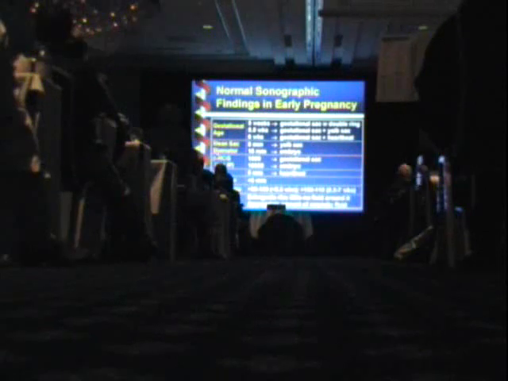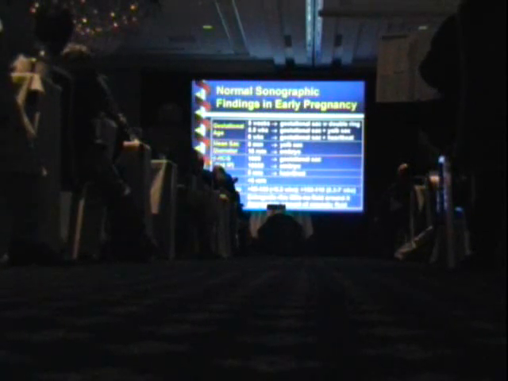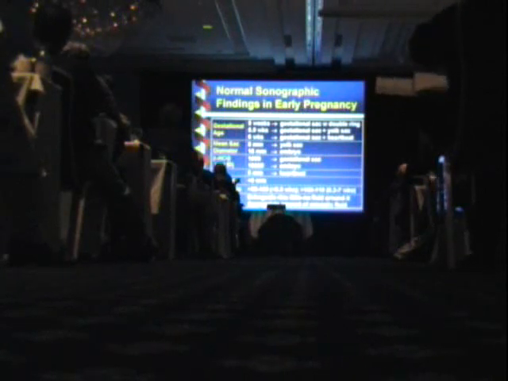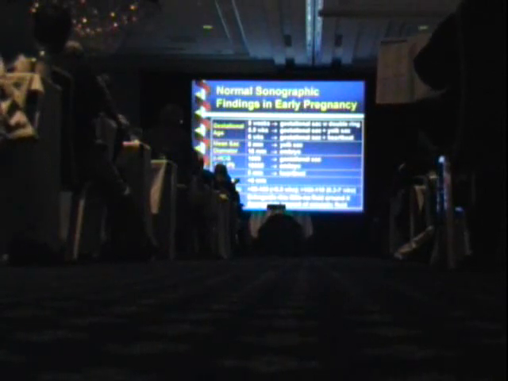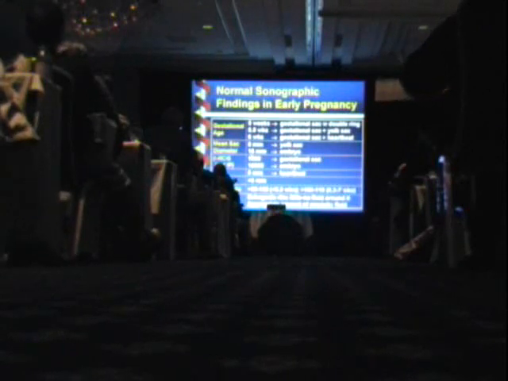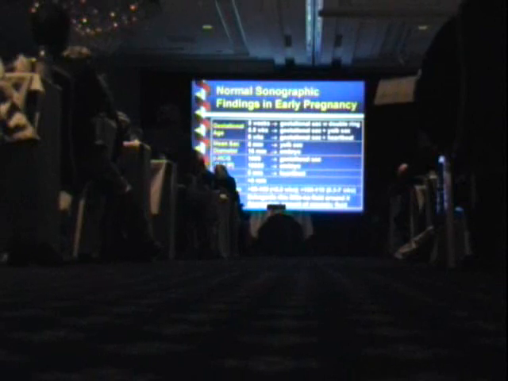There are norms based on the mean sac diameter, based on the beta HCG. For example, by the time the beta HCG by the first or third international preparation is 1,000, you expect to see a gestational sac, and you should be worried if the beta HCG is greater than 1,000 and you see no sac, and so on.